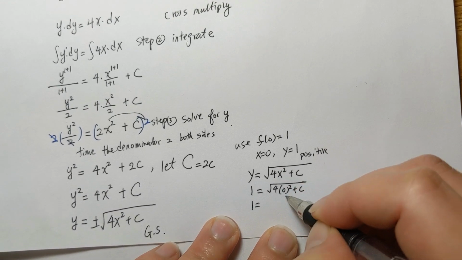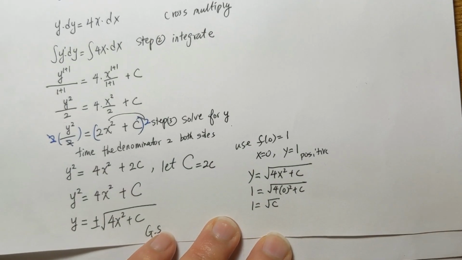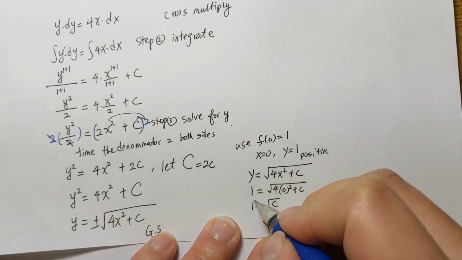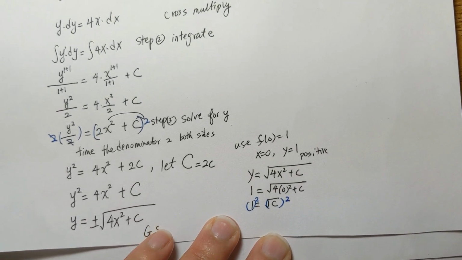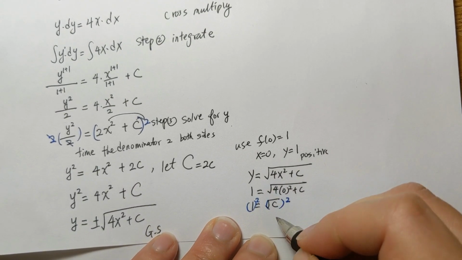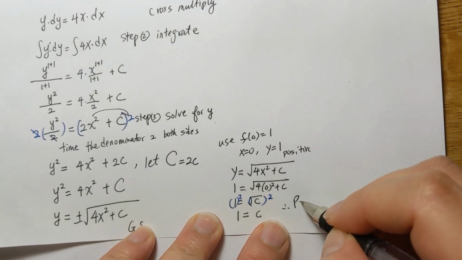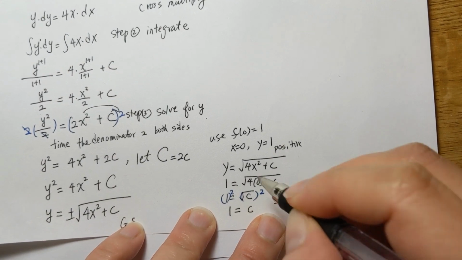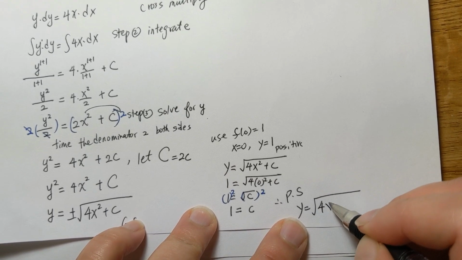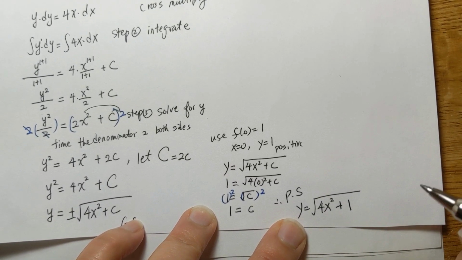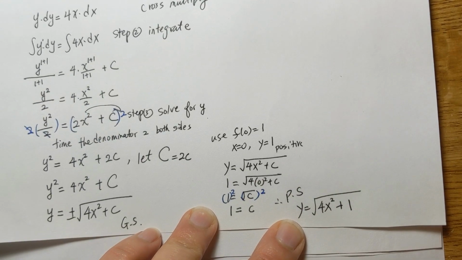We simplify first: 0 plus c is c. Then you square both sides to cancel the square root, and you get c equals 1. Now the particular solution is y equals the square root of 4x squared plus 1, replacing c by 1. So we finished finding the particular solution.